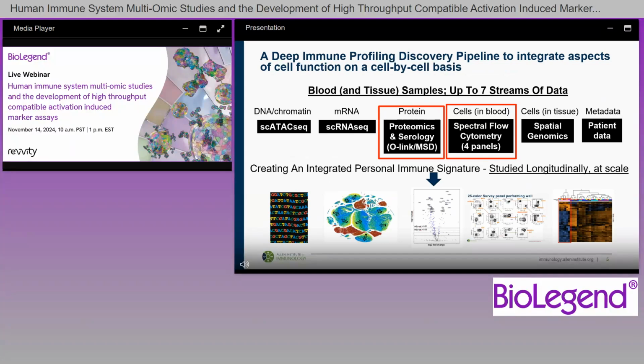So with access to these cohorts, we have the ability to put together up to 7 streams of data that can be used to create a personal immune system signature from a single patient. And these assays that we've developed have been developed to run at scale and are robust enough to run longitudinally.